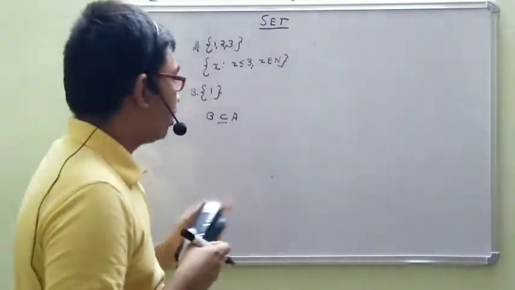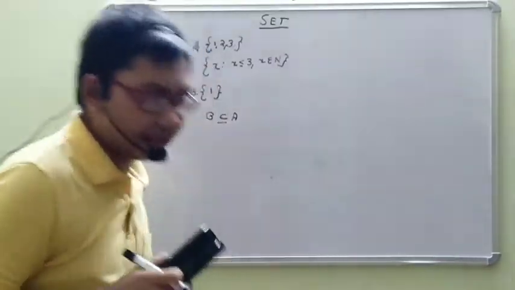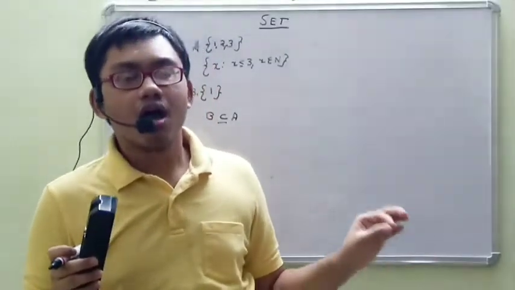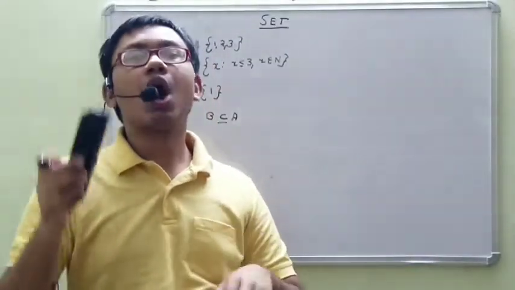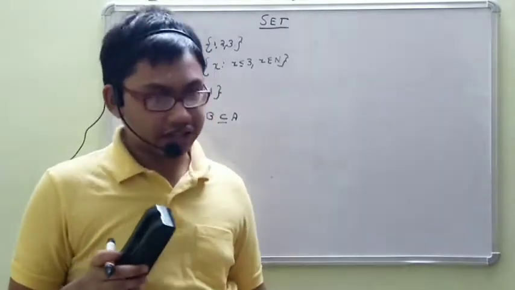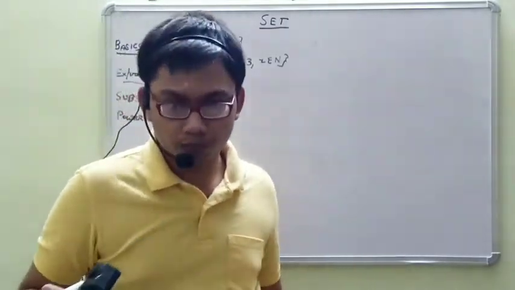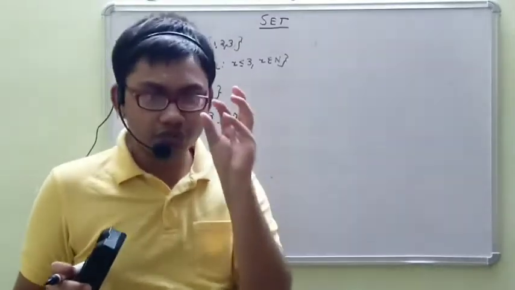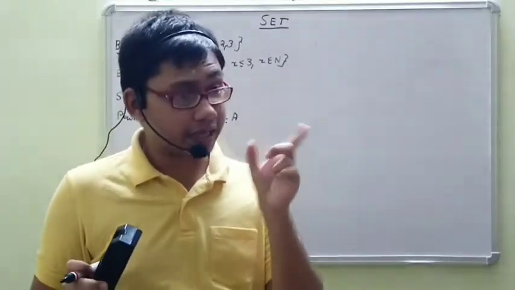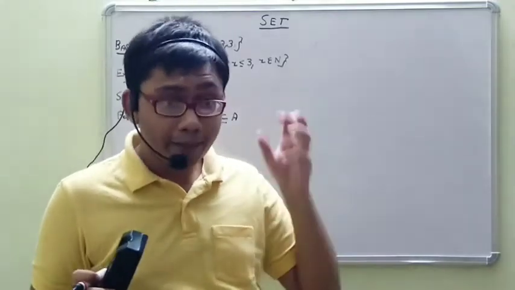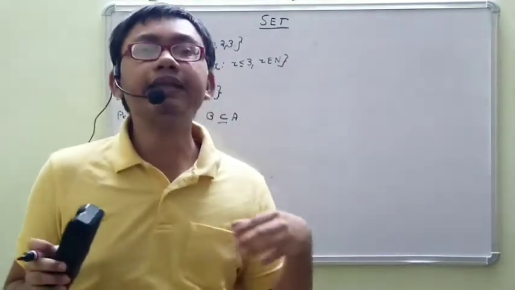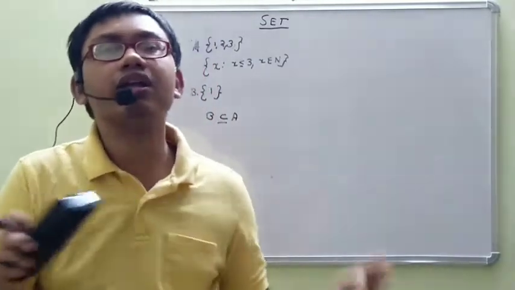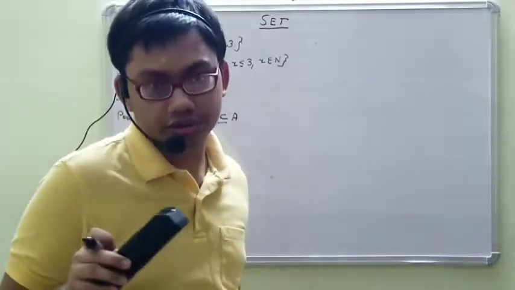That is, a subset of a given set is the set that contains some or all the elements of the given set but nothing more. It can contain some of the elements, or even all the elements of the given set, but it will never contain any element that is not in the set.